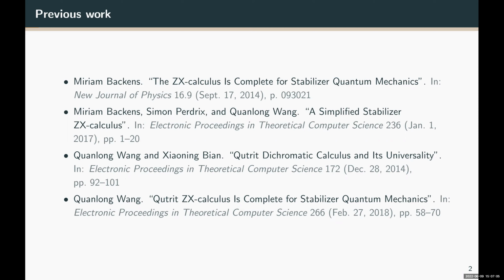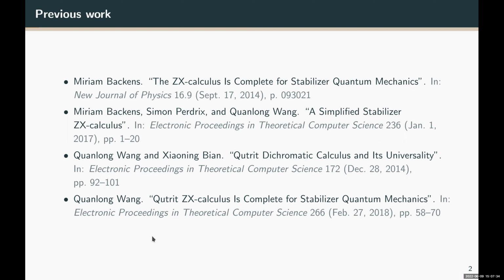Firstly, basing ourselves off of the work which Titouan has been doing on the flex symmetrization, as he calls it, we were able to obtain calculi which recover the "only connectivity matters" meta rule, which I think a lot of people view as central to the qubit ZX calculus and which was lost, at least in these presentations of the qubit ZX calculus.